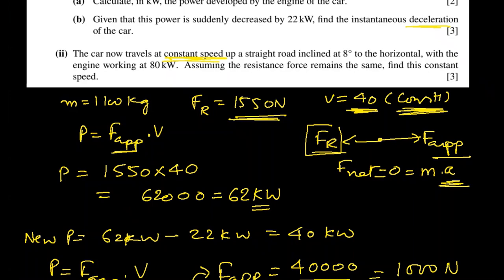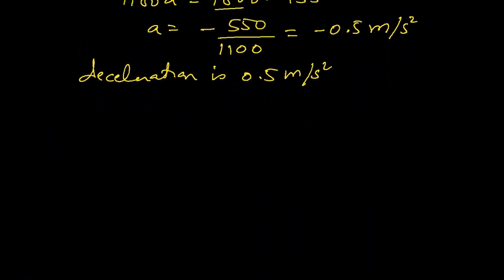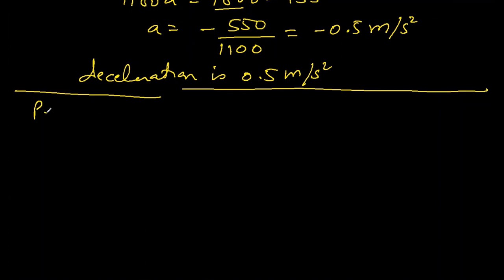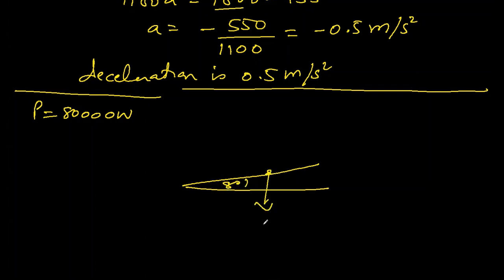Okay. So newest power is 80 kilowatts, 80,000 watts, and it is moving up an inclined plane which is 8 degrees. The mass is 1100 kg, so 11,000 newtons this way.